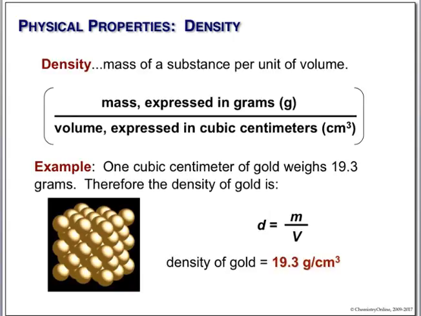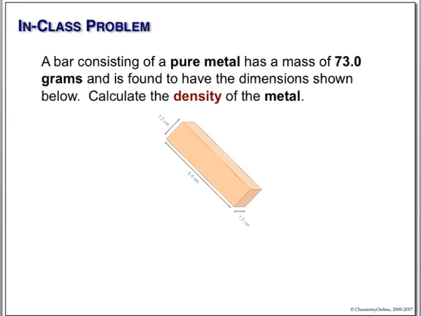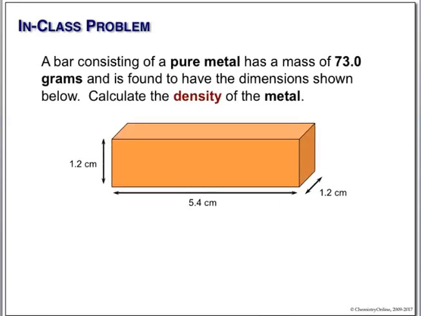Our density would be 19.3 grams per cubic centimeter. Now in lab, we used a lump of metal that looks like this. It was about 1.2 this way, 1.2 that way, and depending on which one you had, it was either 5 or 5.4 lengthwise.